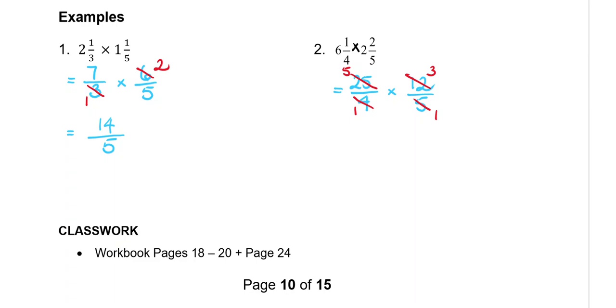All right. Okay, multiplying what's left. 5 times 3 is 15, and 1 times 1 is 1. So you can put it over 1, but remember that we prefer to just write it as 15. Okay, so that's the end of the theory.